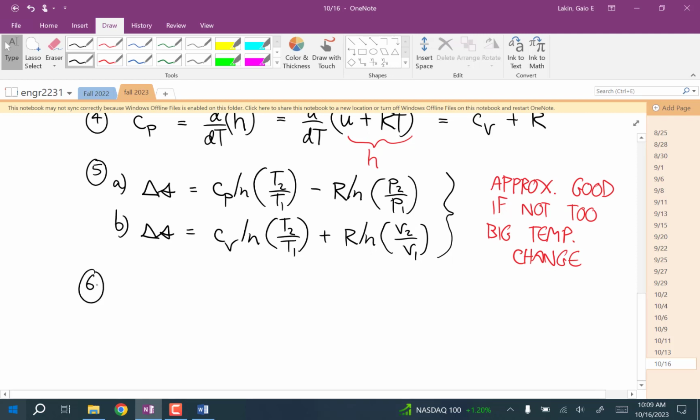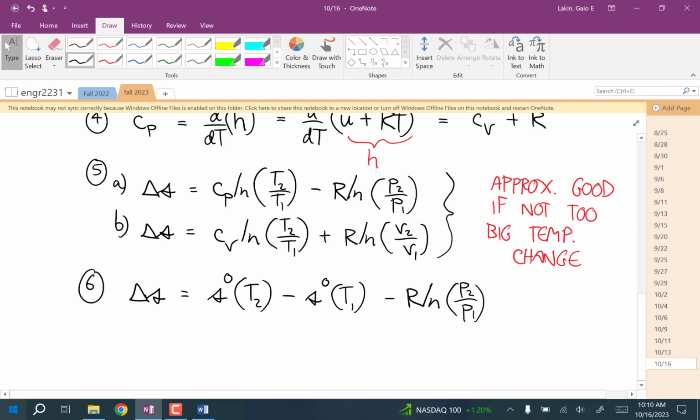And then you can also do this as the change in specific entropy is equal to s0 at T2 minus s0 at T1, minus R times the natural log of P2 over P1.